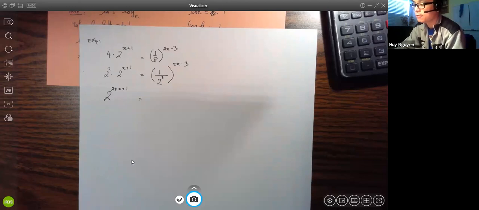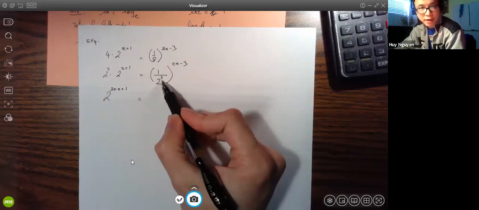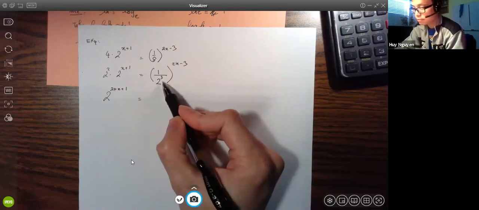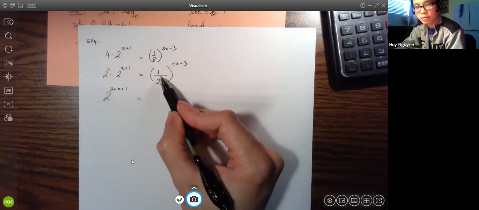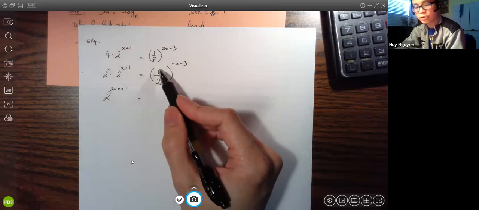On the right-hand side, I can flip the denominator here to the numerator. Do you know how I'm going to do that? How I'm going to bring the bottom here to the numerator, sorry?